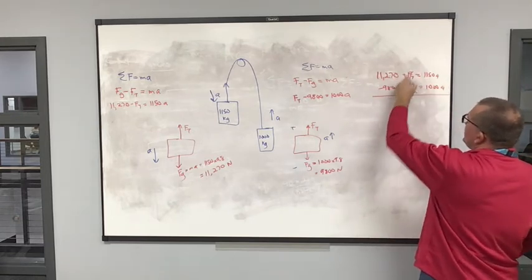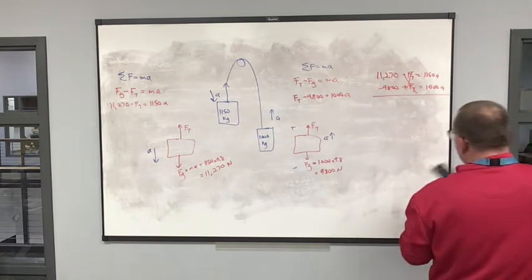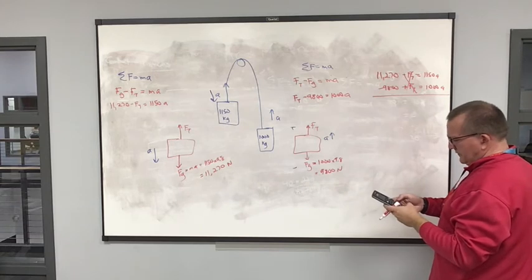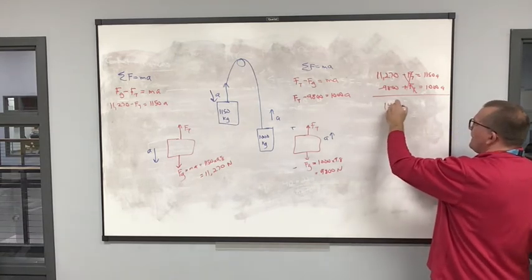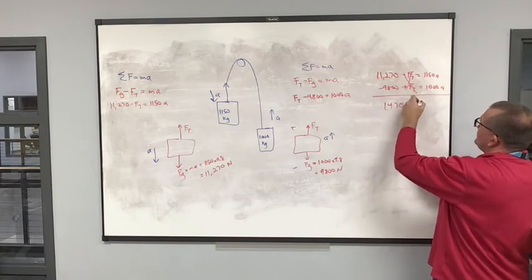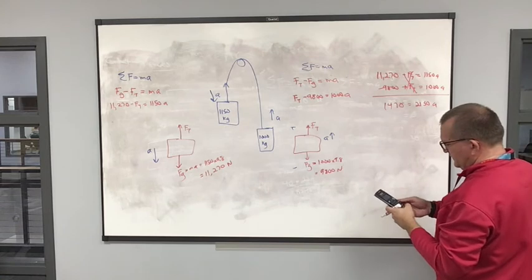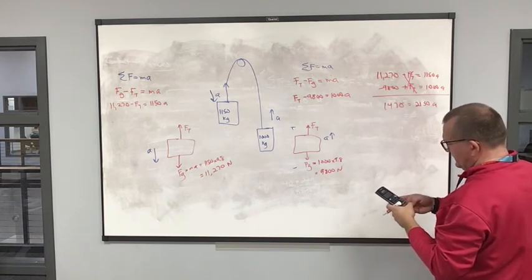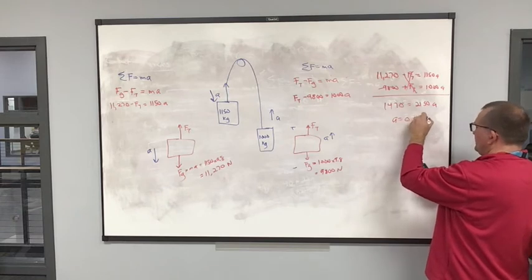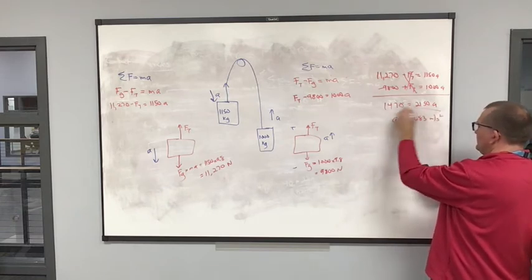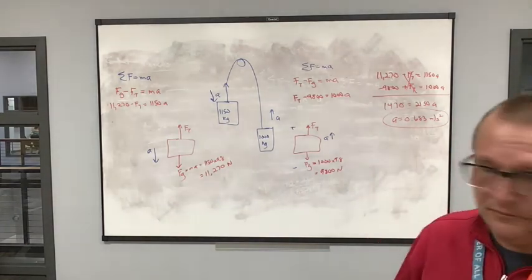So the Ft's cancel, and that's how we get rid of the tension force. And I say 11,270 minus 9,800. 1,470 equals, and I add those two together, 2,150A. 1,470 divided by 2,150 gives me an A of 0.683 meters per second squared. So that's the answer for the acceleration.